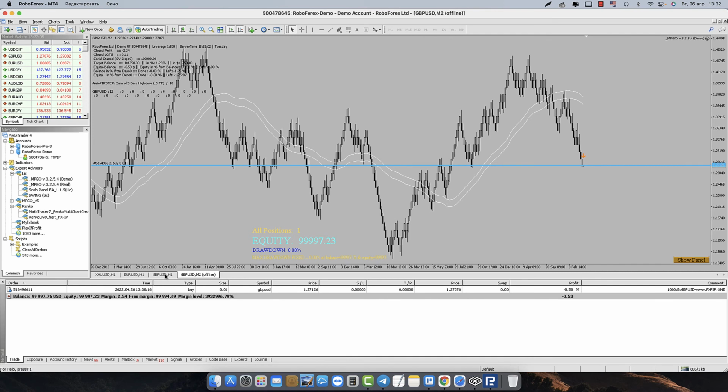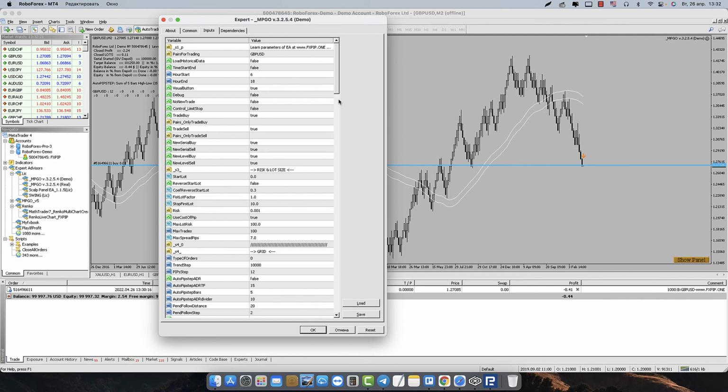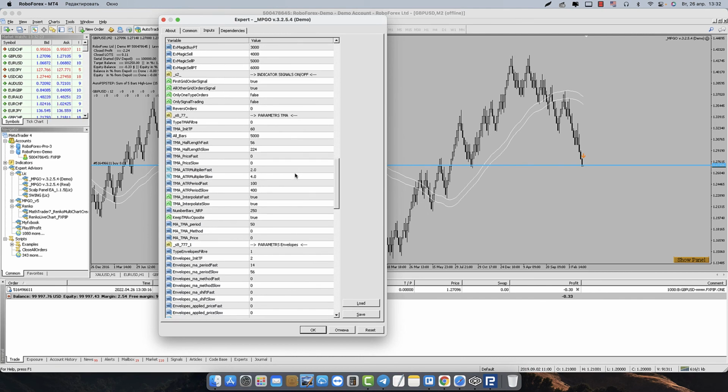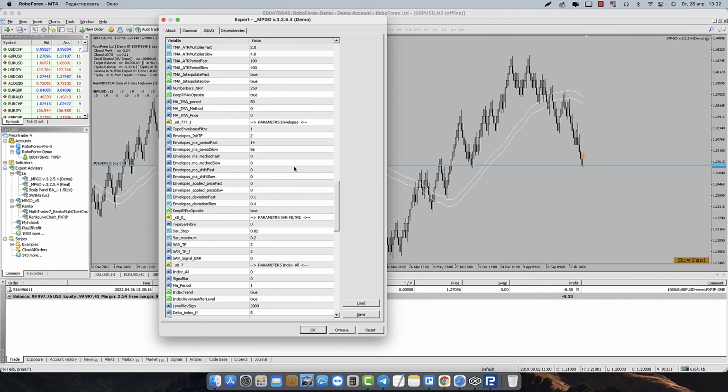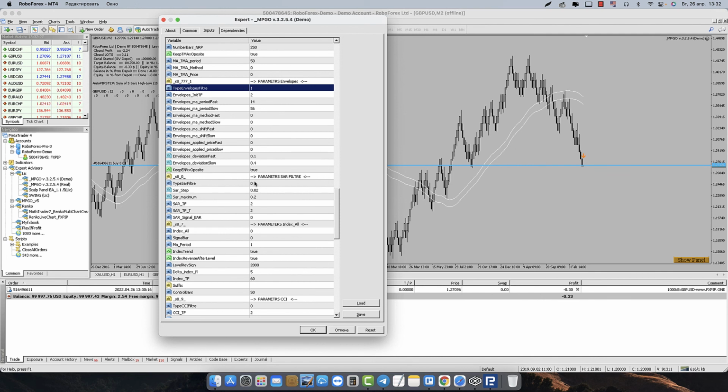So for Renko bars you understand that if you trade 3 pairs you must create 3 Renko charts, and in the set you must use 3 pairs from one chart; the robot trades from one chart. But in indicators, if you activated some indicators, as you can see, for example type SAR filter is 0.